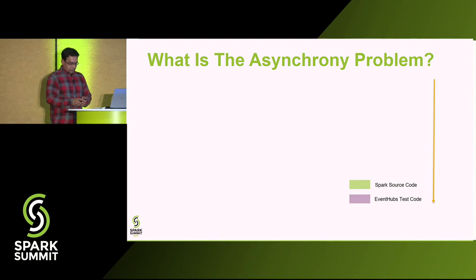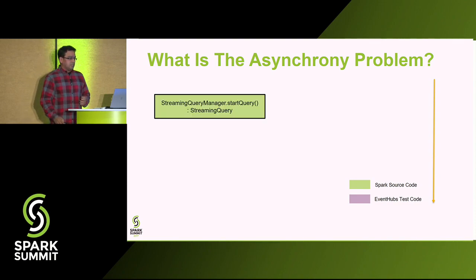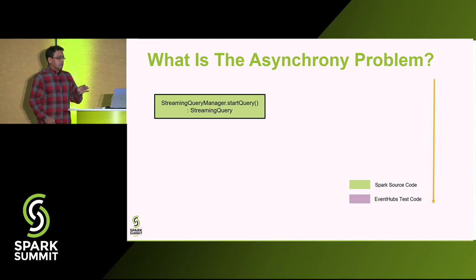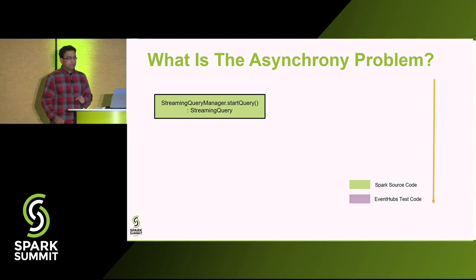So what is the asynchrony problem or the race condition? The green is the Spark source code, and the purple is the EventHubs test code. The framework uses the start query method. So we give a start query method, and then the source is loaded.